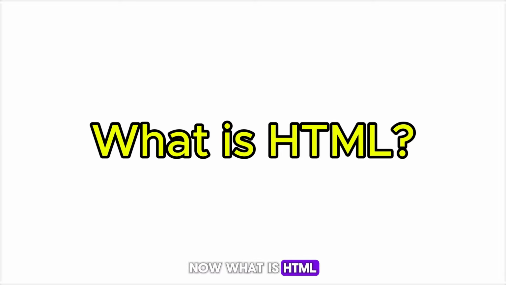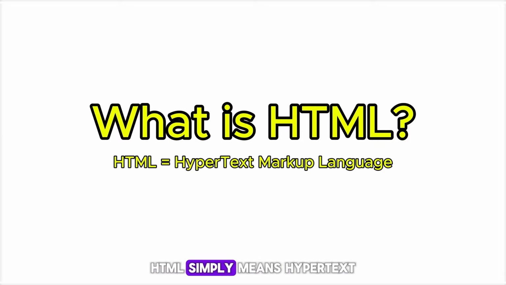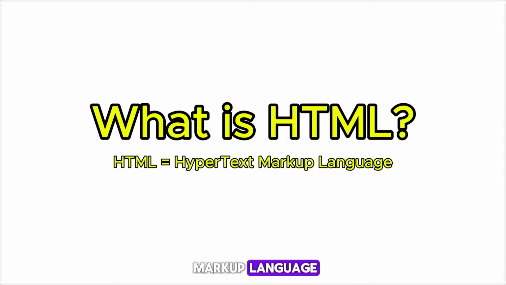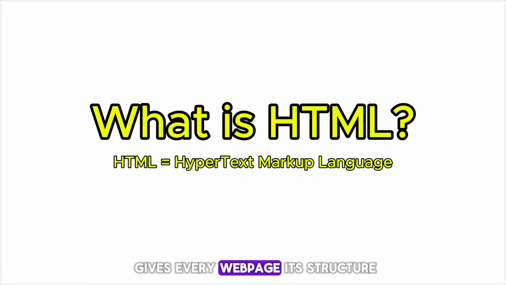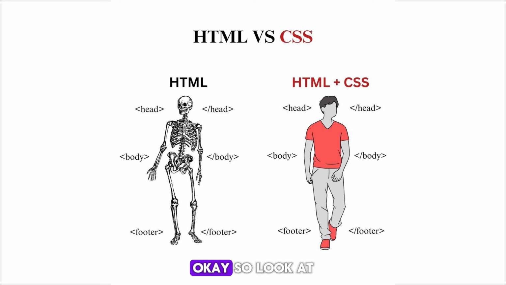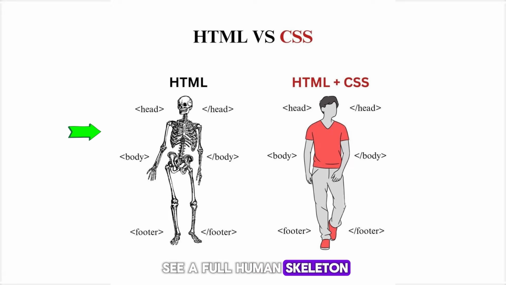Now, what is HTML? HTML simply means hypertext markup language, but you can just think of it as the skeleton of a web page that gives every web page its structure. Okay, so look at the image with me. On the left, you see a full human skeleton.